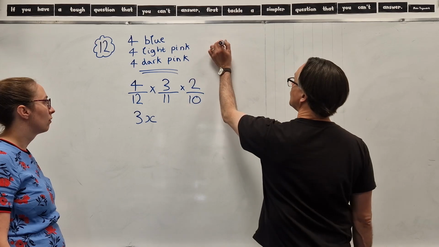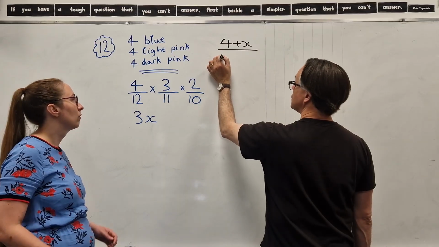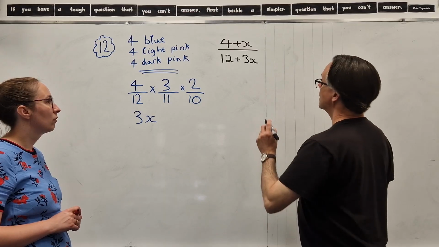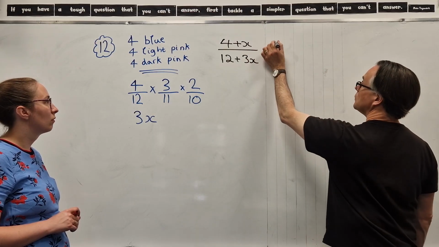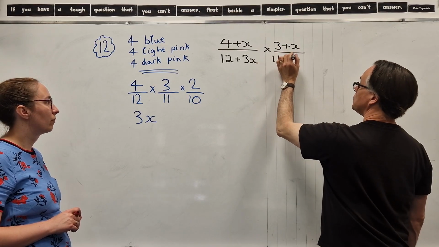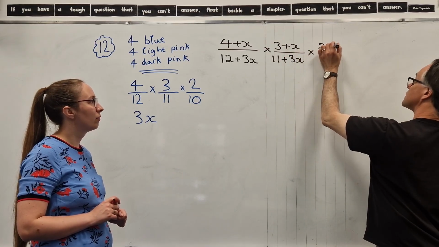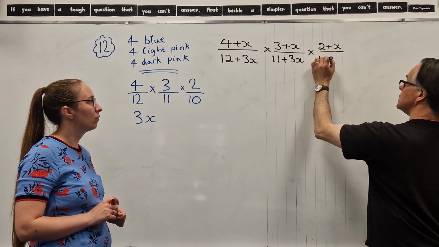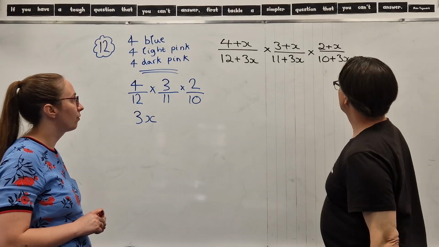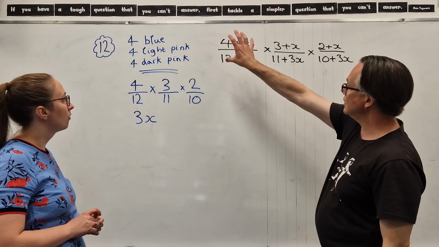Well, it's going to be 4 plus X, because that's the number of blue balls now, over 12 plus 3X, and that multiplied by 1 less than that, which is 3 plus X, over 1 less than this, which is 11 plus 3X, multiplied by 1 less than that, which is 2 plus X, over 1 less than this, which is 10 plus 3X.